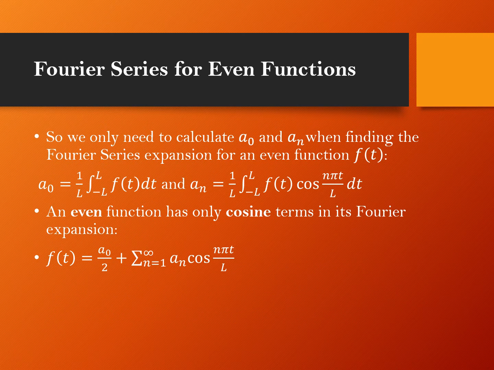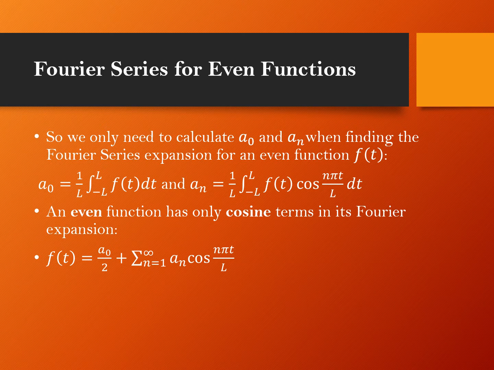So we only need to calculate a0 and an to find the Fourier series for the even function f(t). Or we can say that we only find the cosine terms of the Fourier series of f(t).